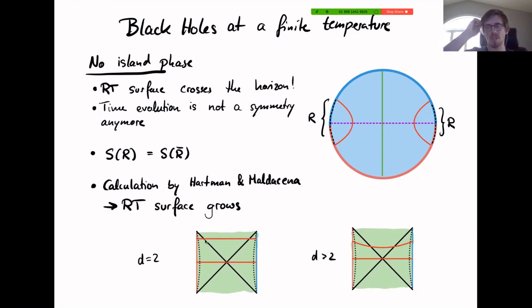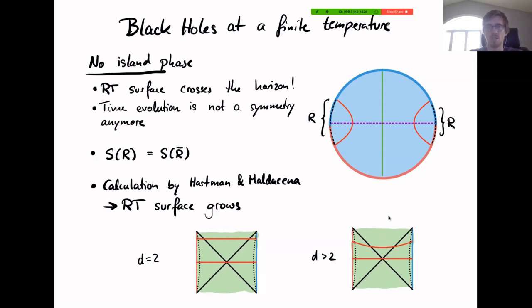And that might be familiar to many of you: the RT surface has to go through the wormhole, which connects the two sides of my black hole, but this throat just grows with time. And this is really what leads to the growth in entropy here. And in higher dimensions, it's very similar, except that my RT surfaces start taking this funny shape and start bending down. But qualitatively, that's the same story.